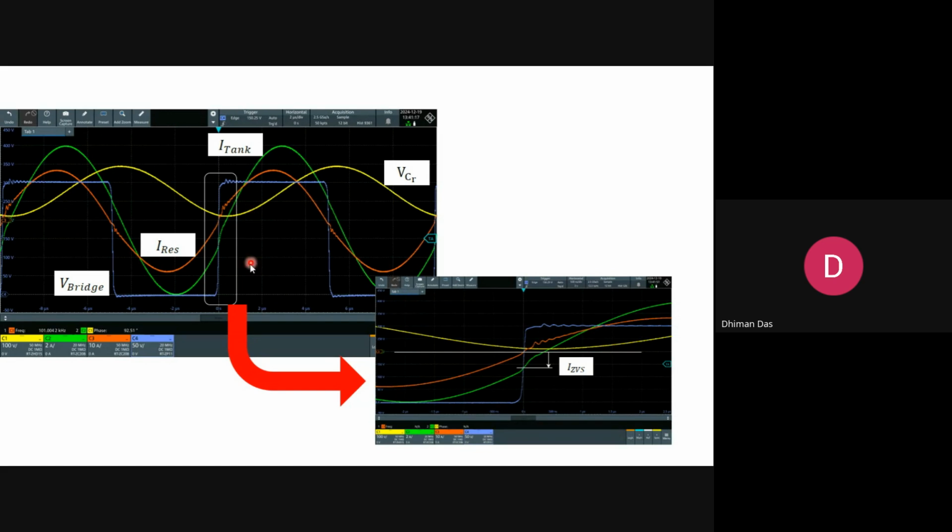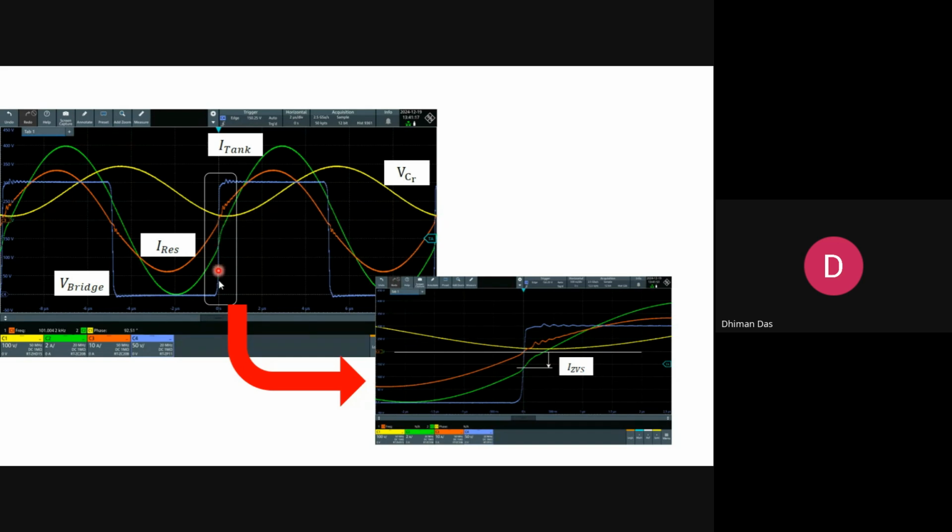And you can see the segment of the turn on is from here to here, and during that, at the secondary side, the resonating current is following a half cycle. This is the zero axis, you can see, but the tank current is not following positive half cycle symmetricity in sync with the switching sequence.